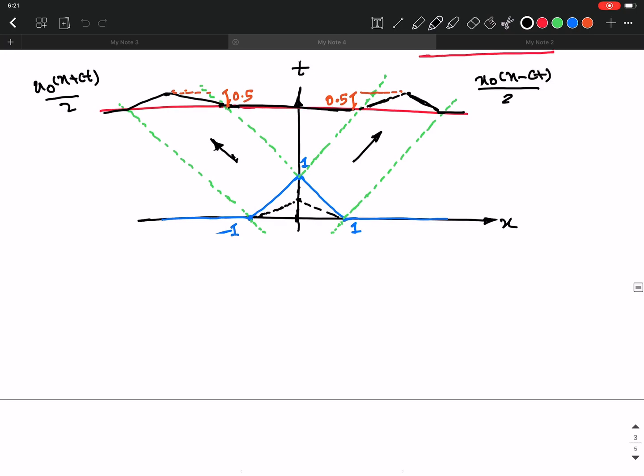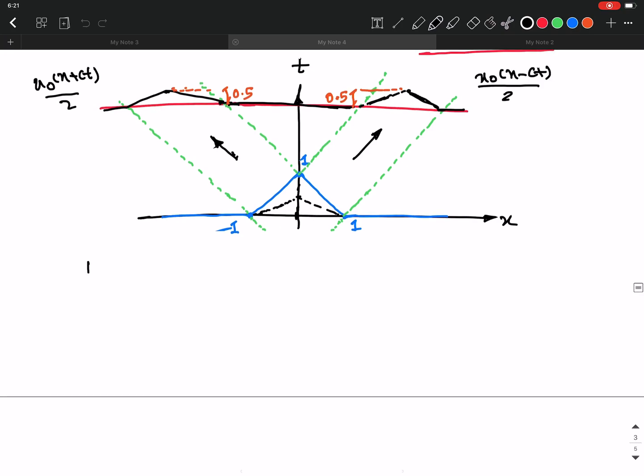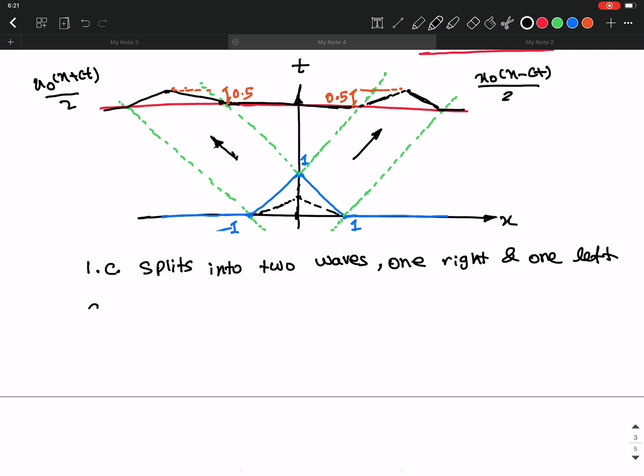So the initial condition splits into two waves, one right and one left going, as you can see here, with du/dt of x and 0 equal to 0.